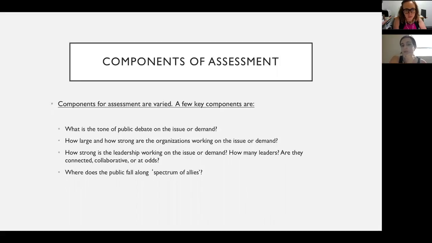So when you're assessing an issue or demand, those are the examples I'm using here, you ask questions like, what is the tone of public debate on the issue or demand? How large and how strong are the organizations working on the issue or demand? How strong is the leadership working on the issue or demand? How many leaders? Are they connected, collaborative, or at odds? Where does the public fall along the spectrum of allies?